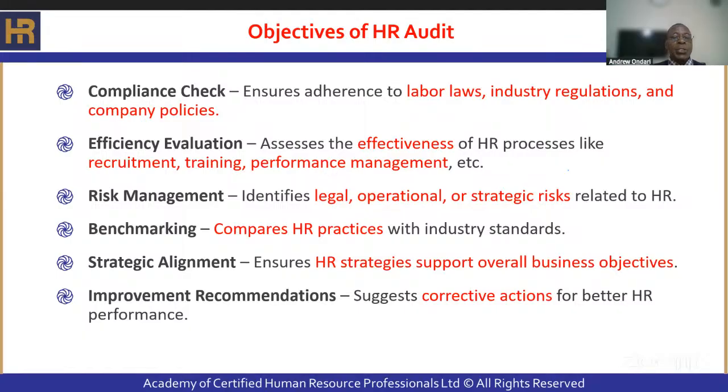So how do we ensure that our recruitment and selection process is efficient? One is by adopting technologies. A technology like ATS helps us to track our recruitment and selection process, shortlisting, interviewing, and selection.